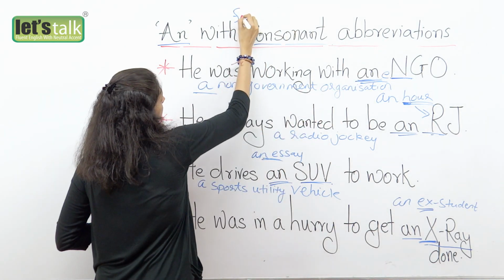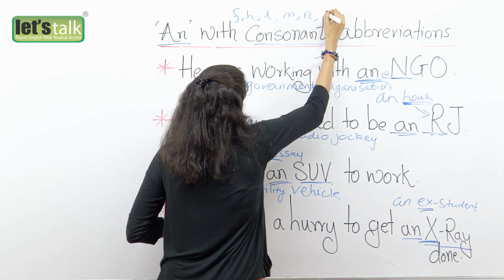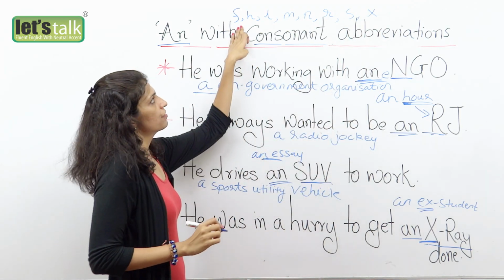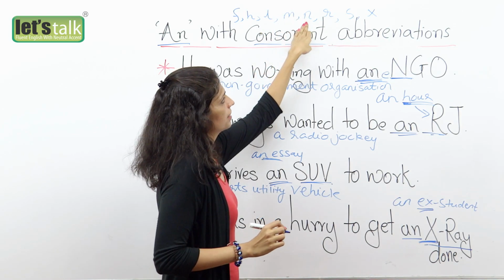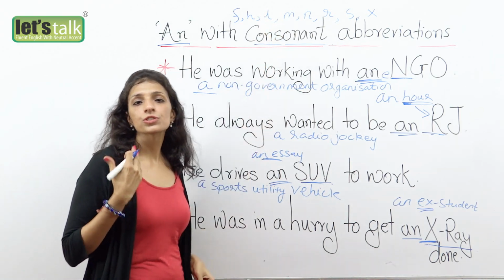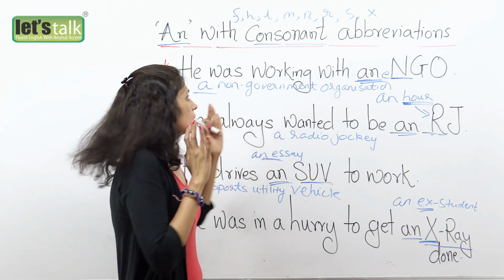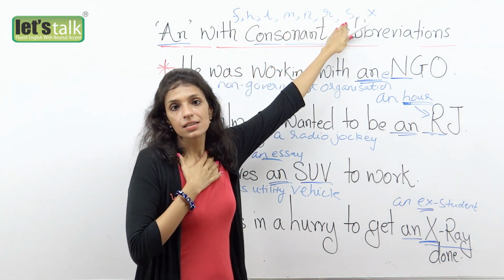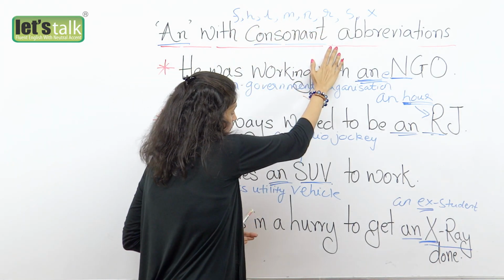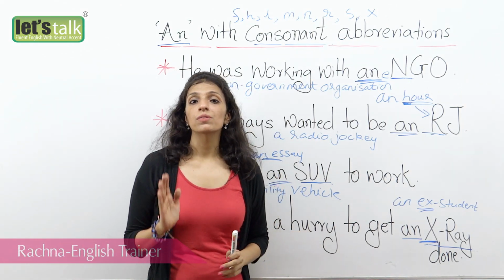They are F, H, L, M, N, R, S, X. I would have told you this in the beginning, but I want you to understand why. So don't learn it by heart that these are the 8 letters. Understand why we use an when they are in the abbreviated forms, only in the abbreviations. The reason being simple, they take a vowel sound.